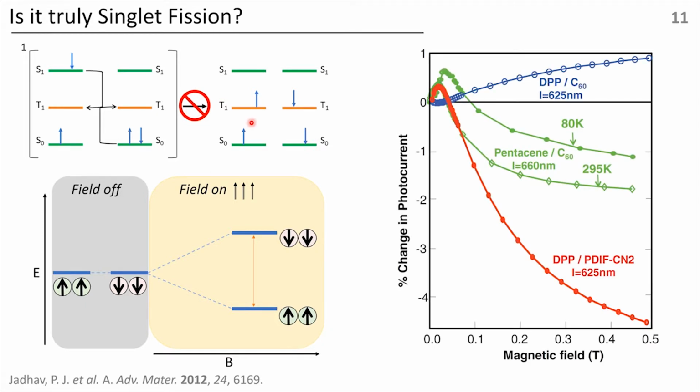So, after explaining what the experiment is, I again just pull up the actual experimental results from the paper by Jadaf again, and I say that, well, this is what we expect. Those are expected outcomes for singlet fission process, and this is the opposite outcome, which means that singlet fission process in this particular material does not happen.